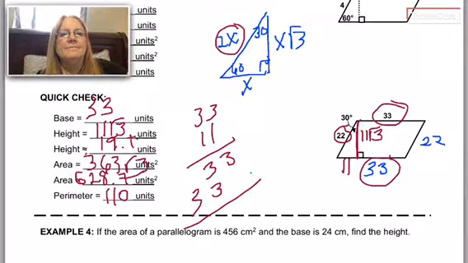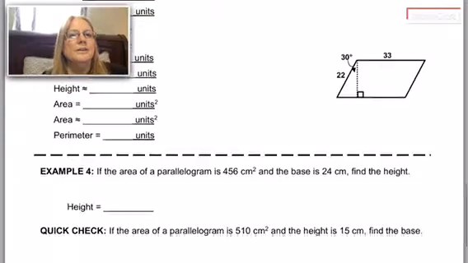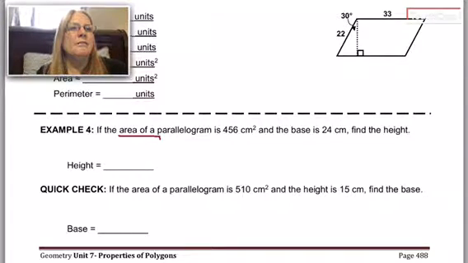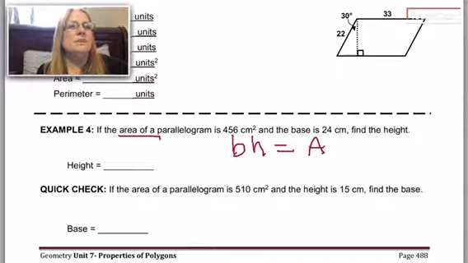All right. The last part here, let's see, we just have these last two. If the area of a parallelogram is 456 and the base is 24, find the height. Here you just start with the formula, okay? The formula for area of a parallelogram is base times height equals area. So just fill in what they give us.